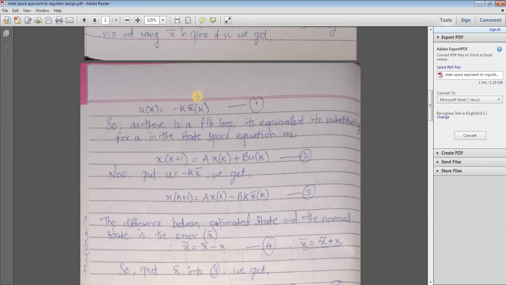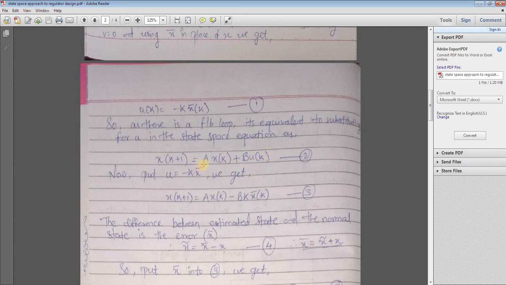As I told earlier, there is a feedback loop. So now it is okay to substitute for u in the state space equation. The state space equation is given as x of k plus 1 equals A x of k plus B u of k.